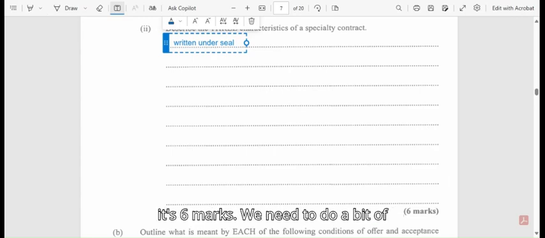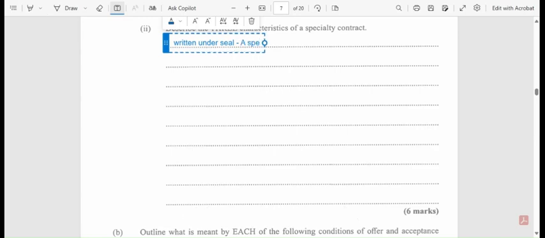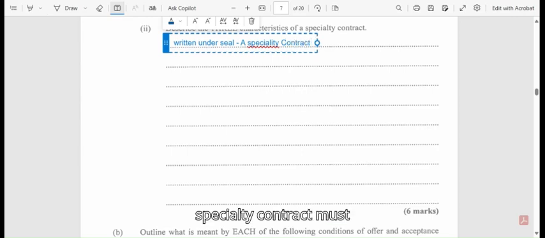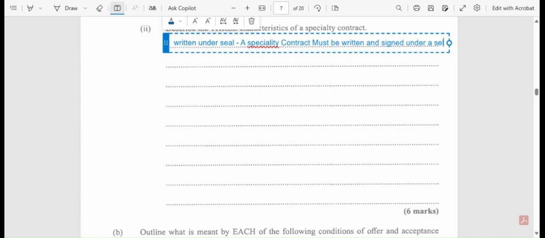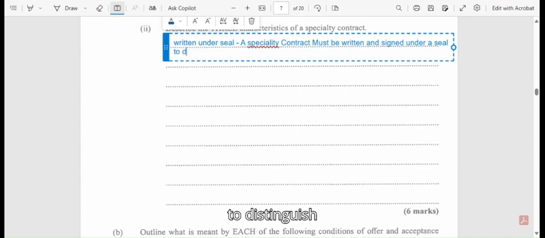So let's do it, it's 6 marks, so we need to do a bit of elaboration. A specialty contract must be written and signed under a seal to distinguish it from a simple contract.